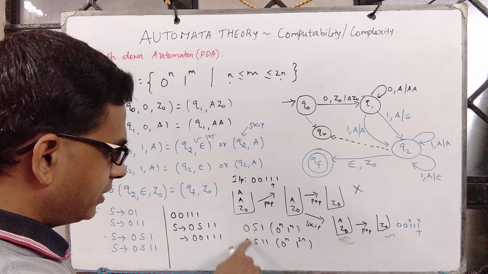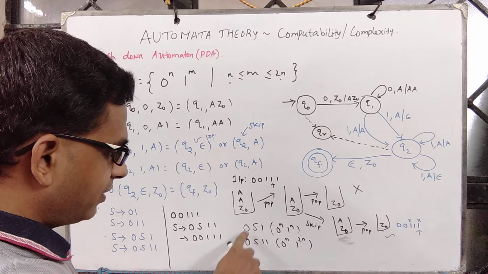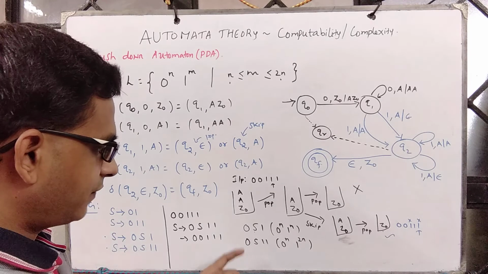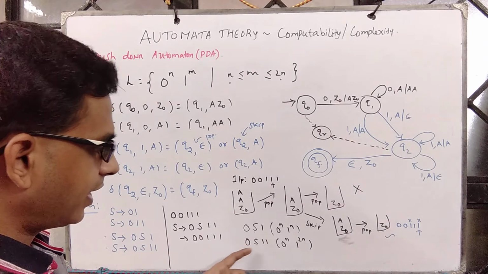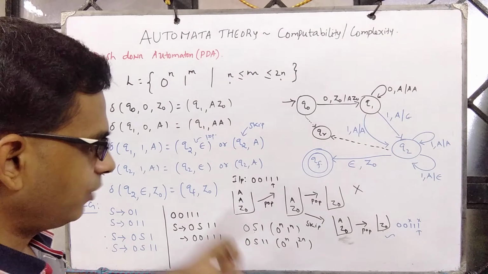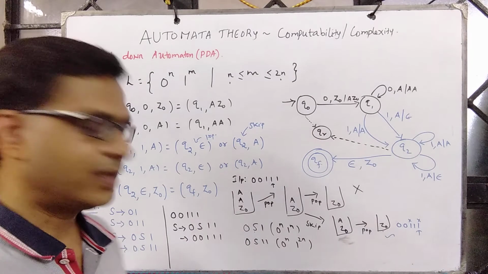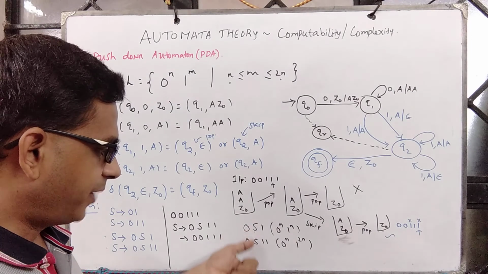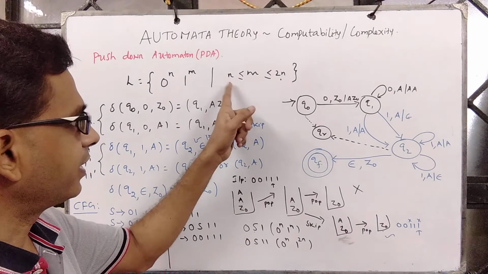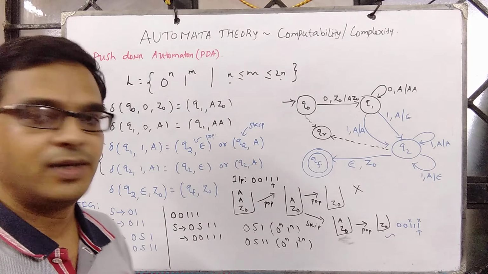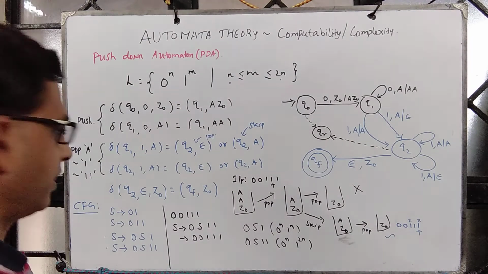Means you get to see 0 0 1 1, then 3 0s and 5 ones, which means the number of ones is between n and 2n. Correct? This will act as a lower bound, this will act as an upper bound. When you plug in here, you get number of ones between this lower bound and this upper bound. That's precisely what we have done.